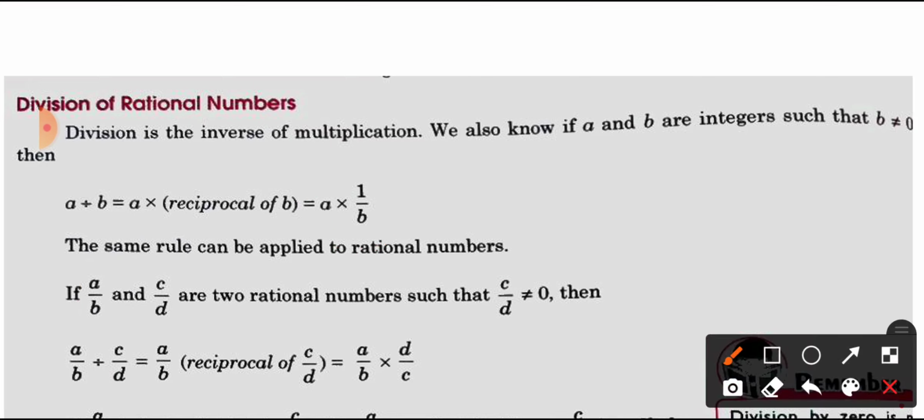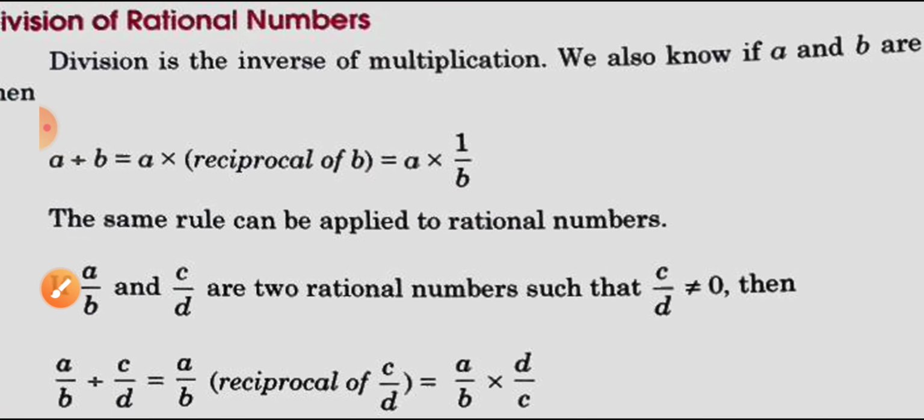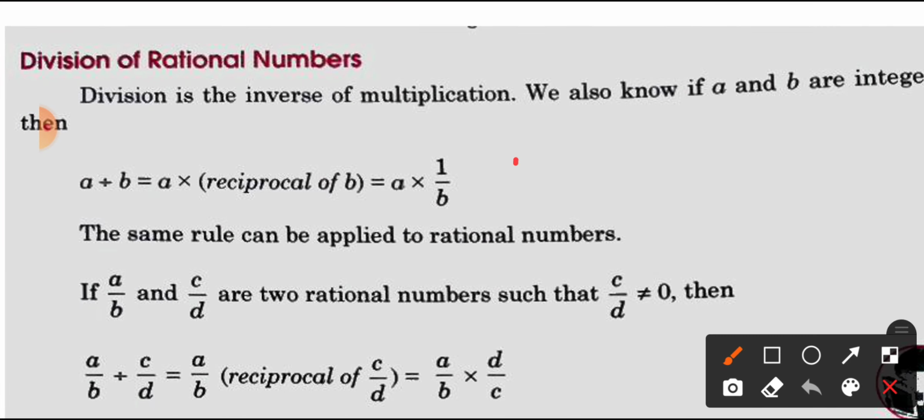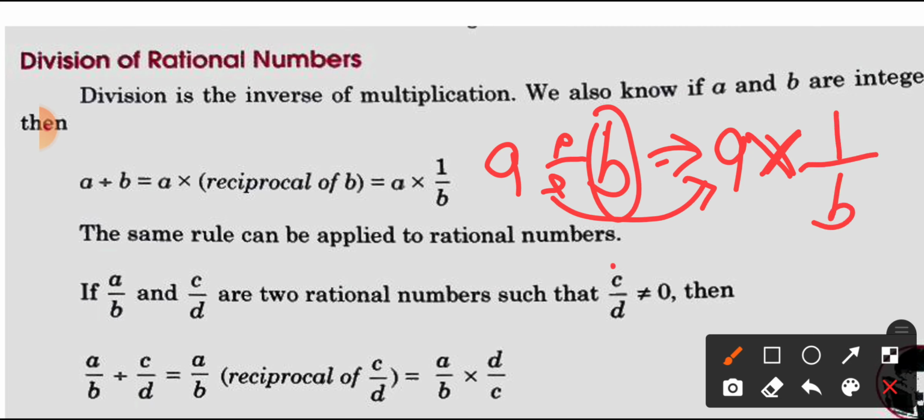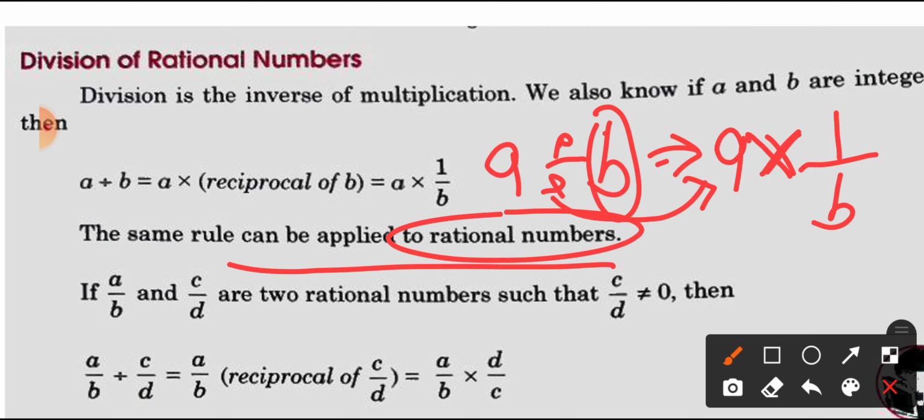Here we can see how to divide a by b. In integers we have seen that if we want to divide an integer by a second integer, we will find the reciprocal of the second one. We will change the sign of divide to multiplication and find the reciprocal of the second one, b. So the reciprocal of b is 1 upon b. The same rule will apply to rational numbers also.